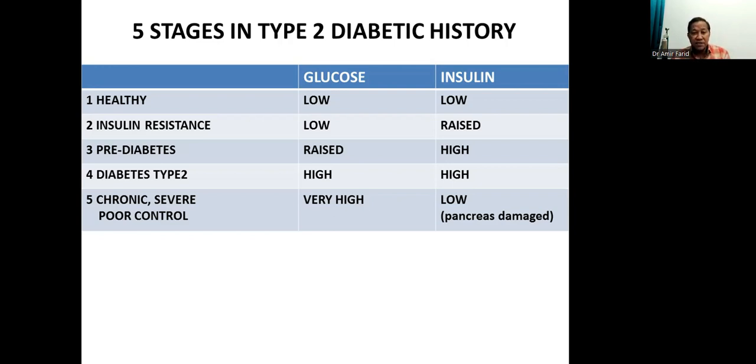So by this stage of severe type 2 diabetes, this person will need insulin just like type 1, but will be needing high doses because of the insulin resistance.